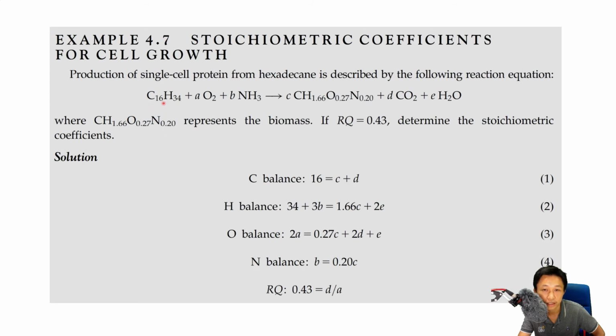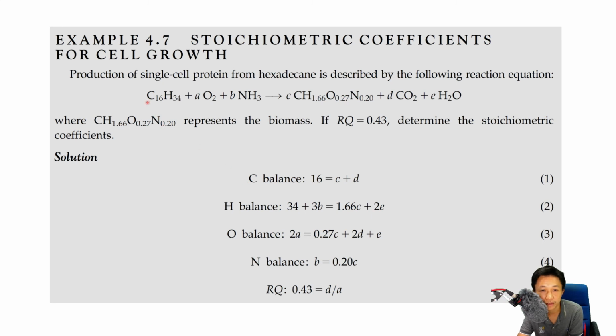So this is hexadecane, and we use oxygen, and we have ammonia as a nitrogen source, and this is the biomass produced from this reaction, and you produce CO2 and water. So it's also written in this book, and RQ is this one. You just balance it.